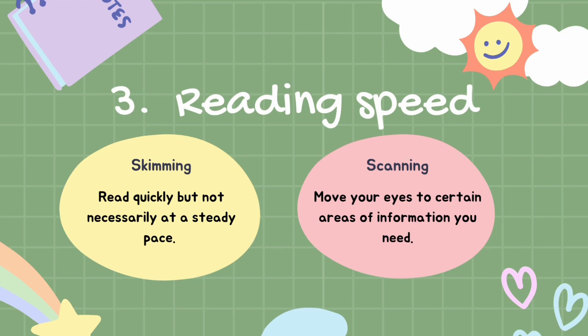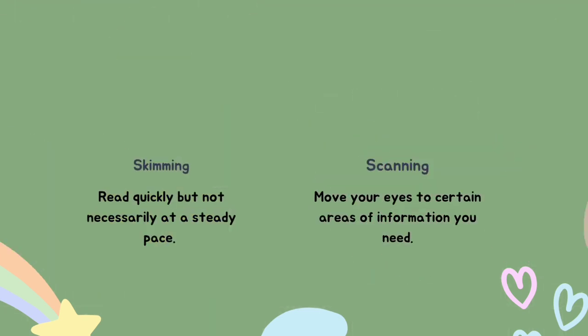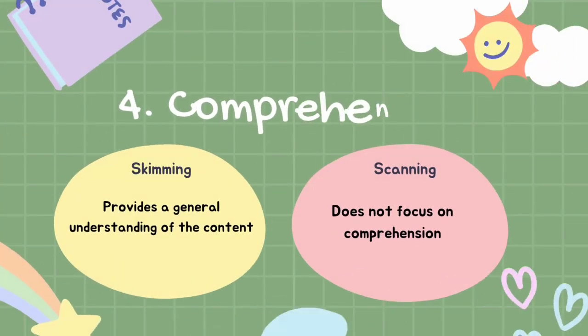That's why we need to read quickly but not extremely quickly. Scanning is even faster than skimming. You move your eyes quickly over the text, focusing only on certain areas where you hope to find the information you need.